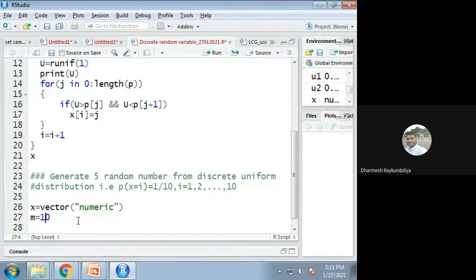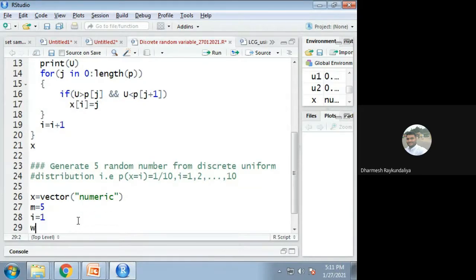Then i equals 1, while i is less than or equal to m. Here it is given that n is equal to 10, because it is 1 by n.